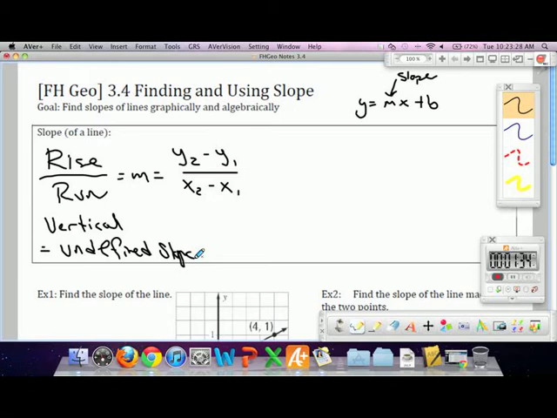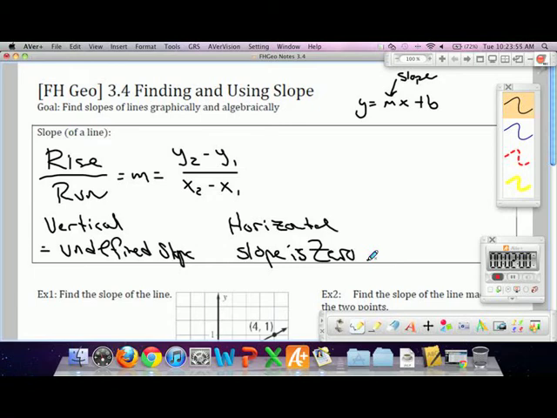If it's horizontal, it's 0. Vertical lines have an undefined slope. Horizontal lines have a slope equal to 0. Those things came out last hour.